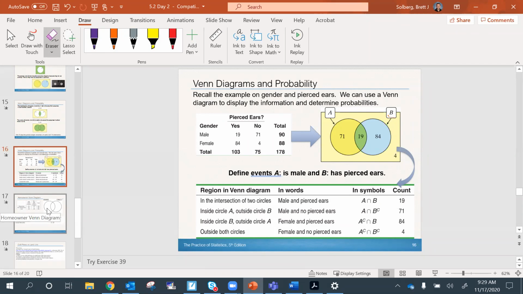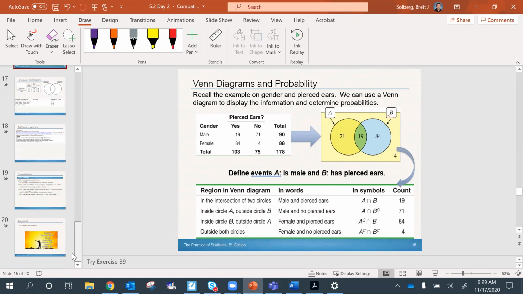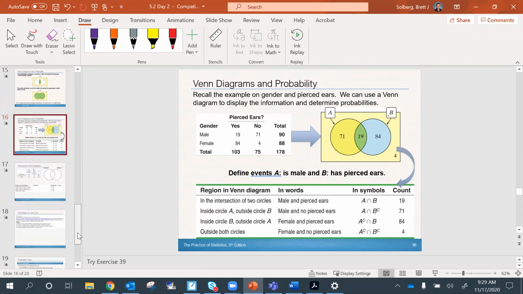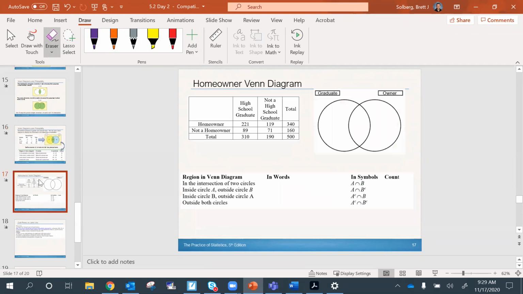Okay, we're going to do one together, and then you're going to do one on your own, and then that's it. Okay, pretty cool. So let's look at this. We've seen this before. This is the homeowner Venn diagram. I'm going to give you 30 seconds. I've made 2 circles. This first circle is for people who graduated high school.